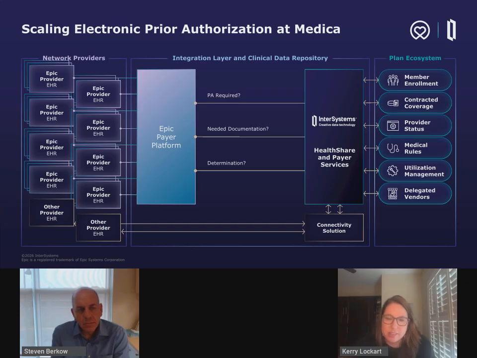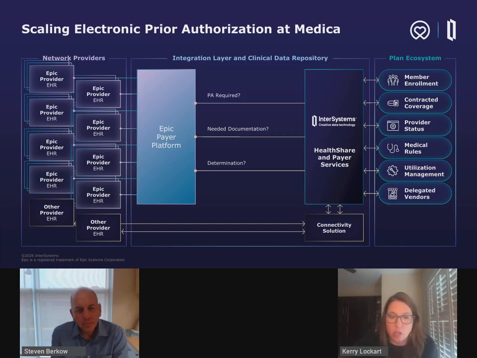So this is our favorite slide. I'm sure you guys are very tired of seeing this slide over and over again, but this is the whole suite, right? This is everything we built. And the most important thing to note about this is once you have this built, Epic was a huge portion of their providers, but they're still planning to connect to other EHRs.